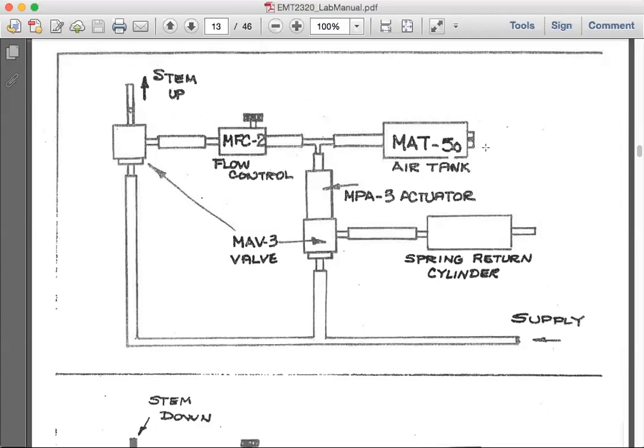We have MAT.50, meaning that the volume of this tank is 0.5 cubic inch. And we have an output component, which is a spring return cylinder. As I mentioned before, the connectors, such as these, don't have to be indicated on the diagram.